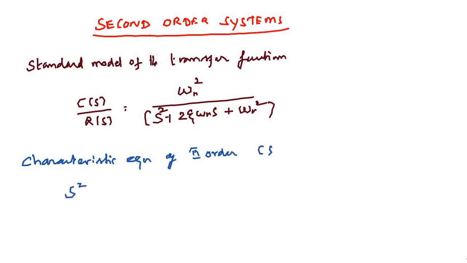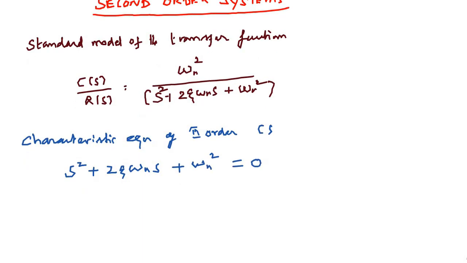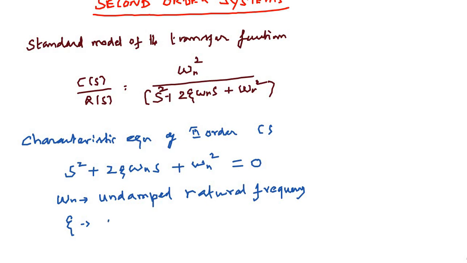That is s square plus 2 zeta omega n s plus omega n square, where this omega n is called the undamped natural frequency, and this zeta is called the damping ratio.